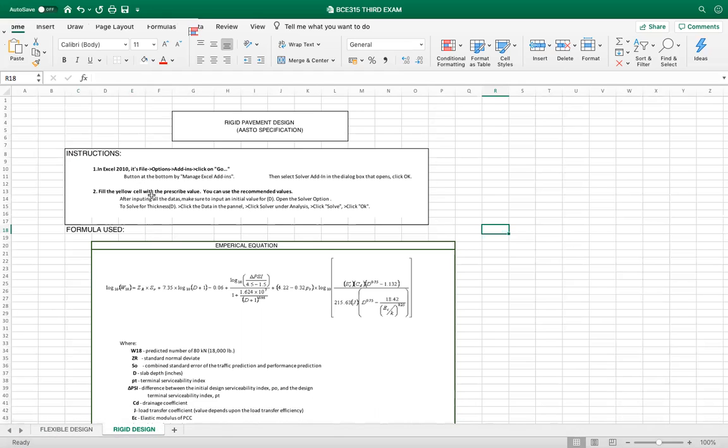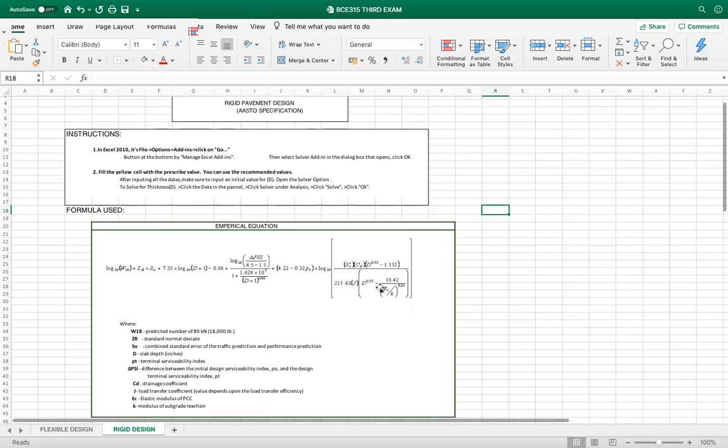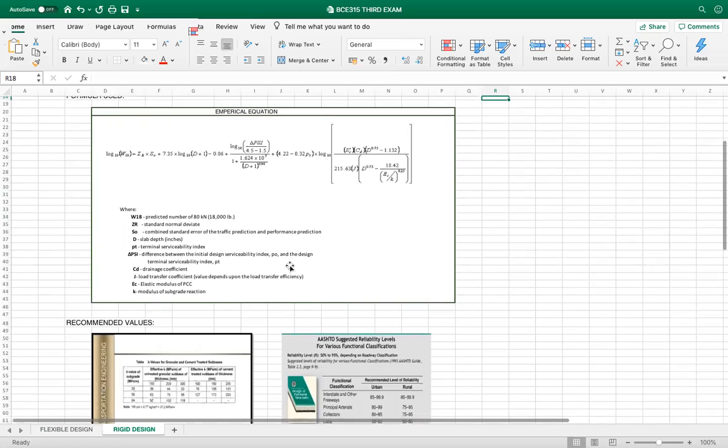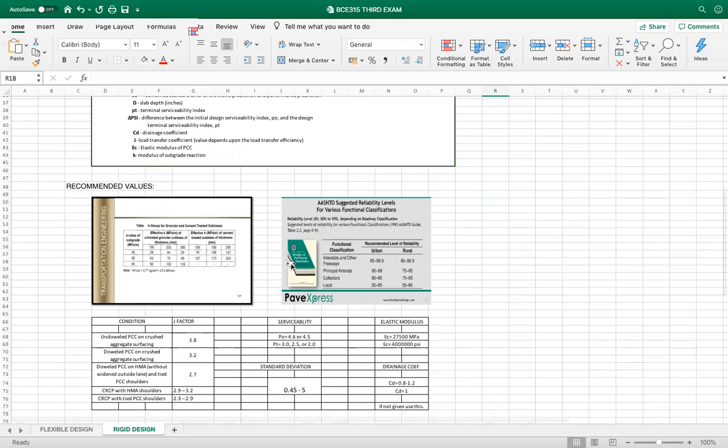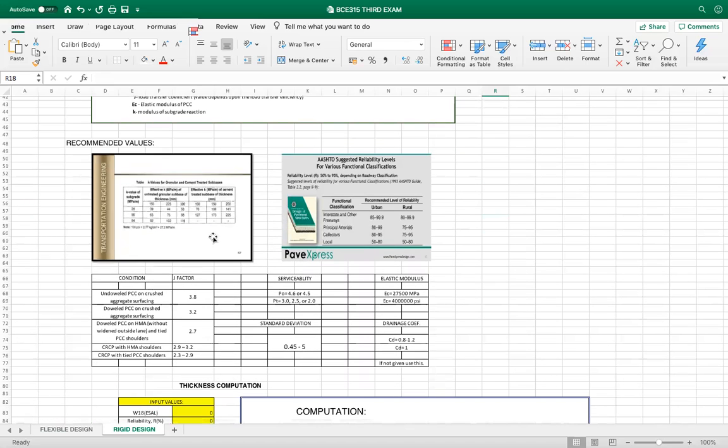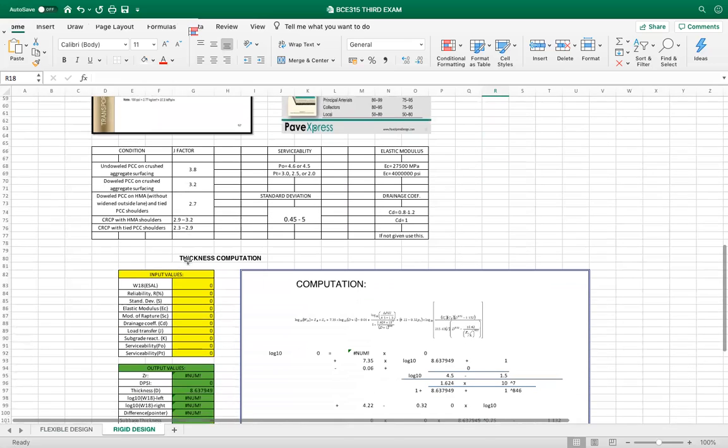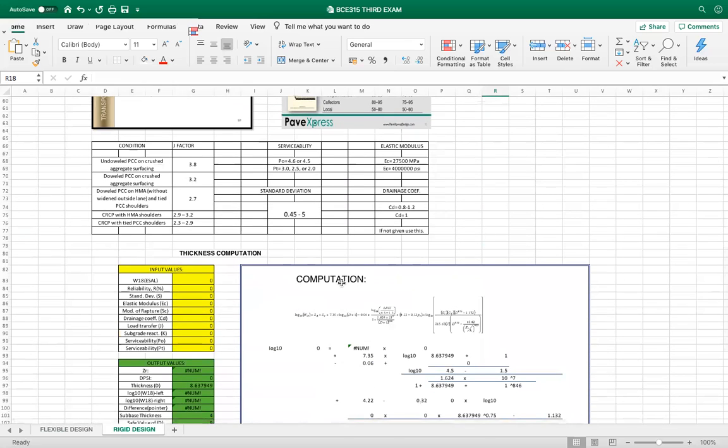And fill in the prescribed values; you can use the recommended values. As I said, I am only going to use the recommended values here in accordance with the AASHTO values. So directly we proceed to the input.